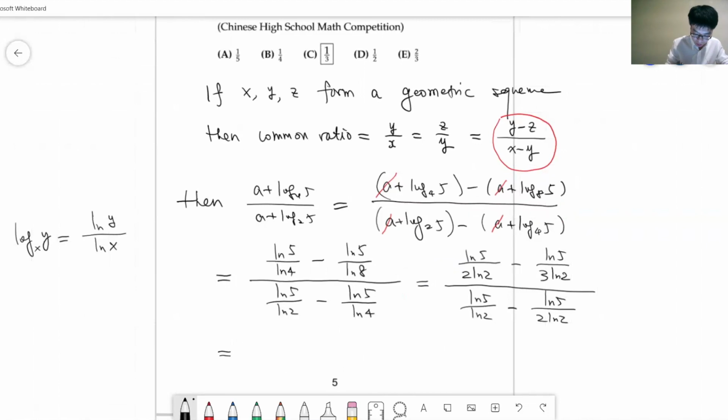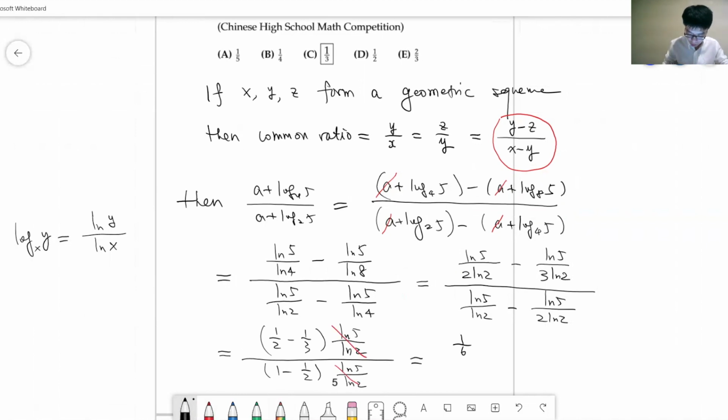So we see that this is equivalent to 1 over 2 minus 1 over 3 times natural log 5 over natural log 2, over 1 minus 1 over 2 times natural log 5 over natural log 2. And this part we can cancel. So we got 1 over 6 over 1 over 2, which is 1 over 3. So the common ratio is 1 over 3.